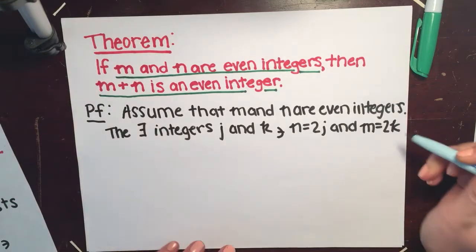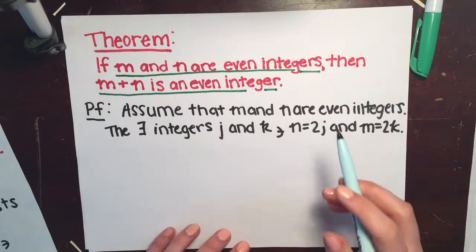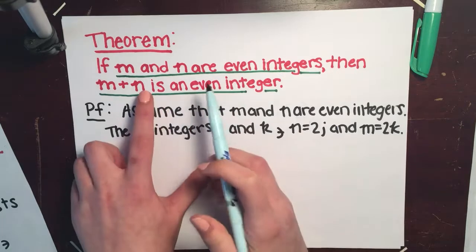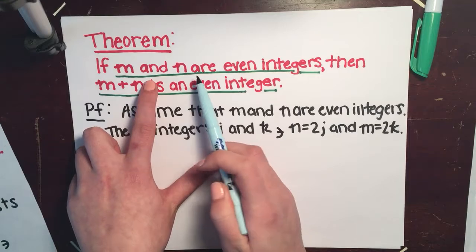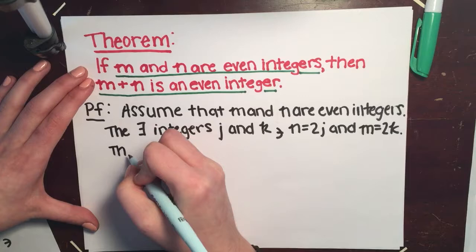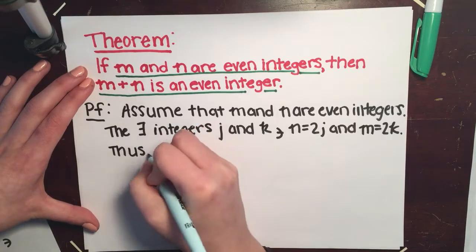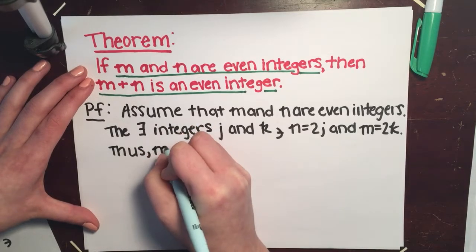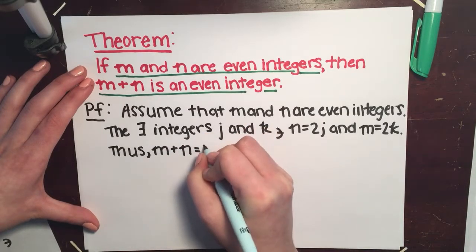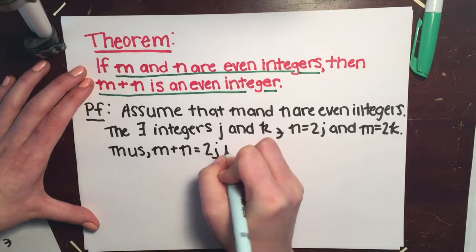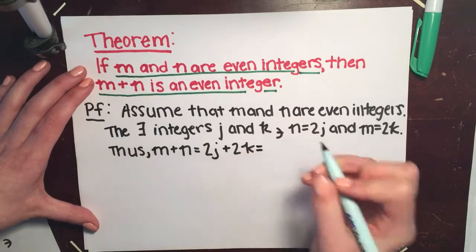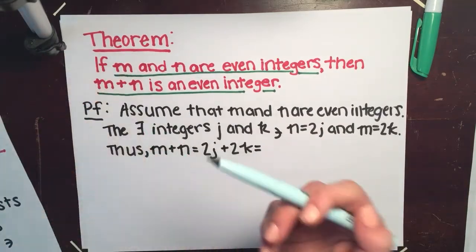So now we've just stated that n is an even number and m is an even number, just like it says in the hypothesis. Now we have, thus, m plus n equals 2j plus 2k.